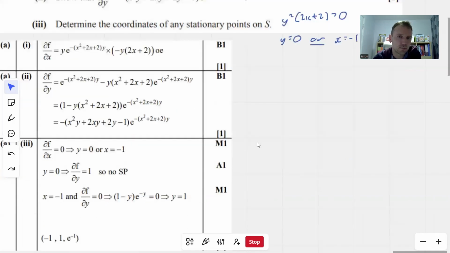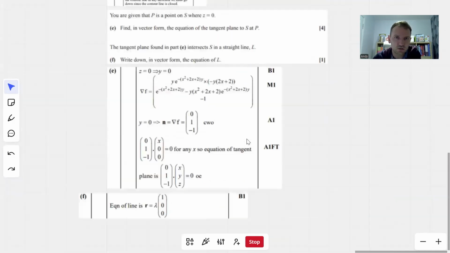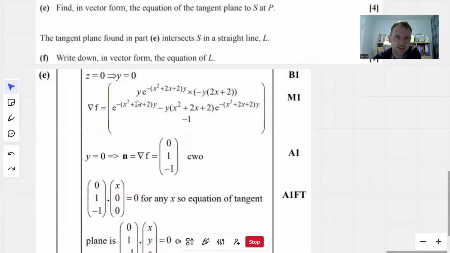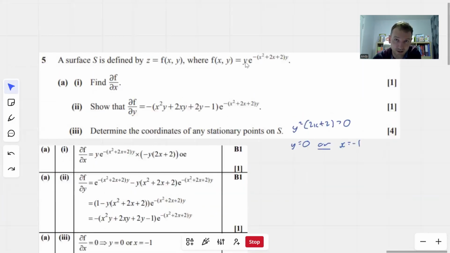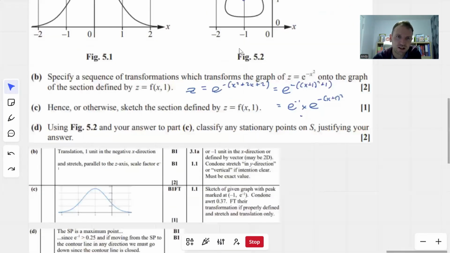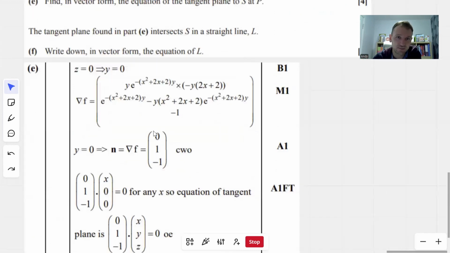It turns out it doesn't matter. If z equals 0, then this exponent must equal 0, because e to the stuff is always positive, so we get y equals 0. Subbing that in, our grad of f just becomes this lovely (0, 1, -1).